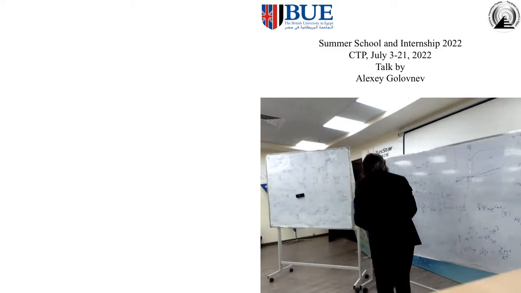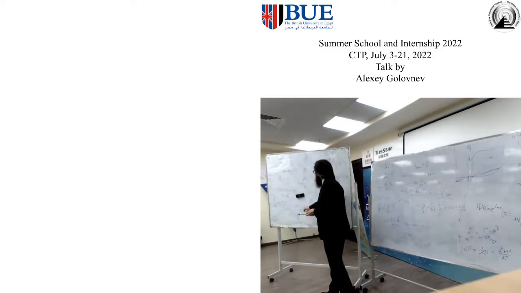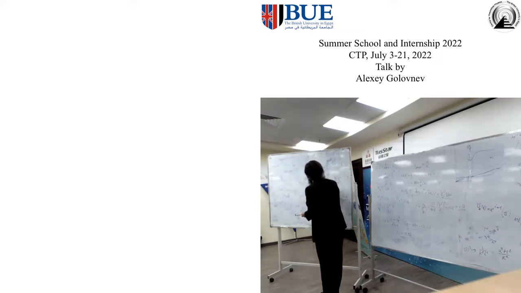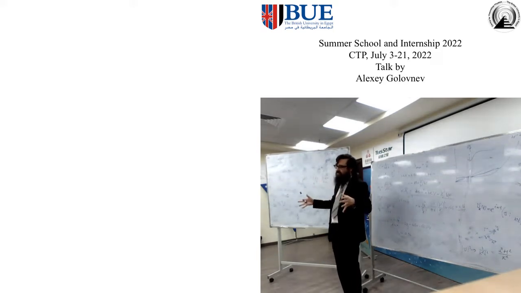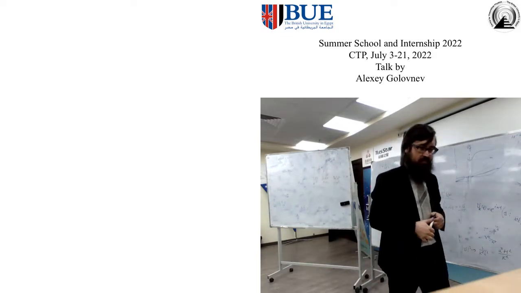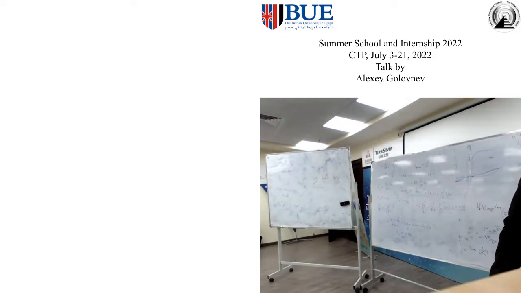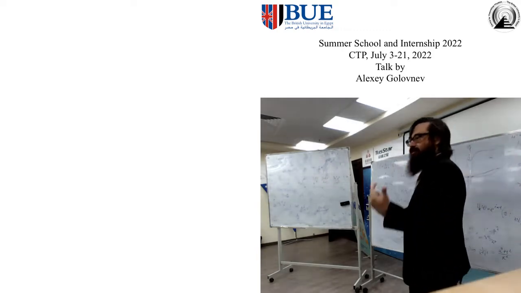Then one more idea sometimes is: let's make the graviton massive. And you know that to make the graviton massive, you have to kill the gauge invariance. And after you kill the gauge invariance, as I mentioned on one of the previous days, you immediately get ghosts, negative kinetic energy modes.